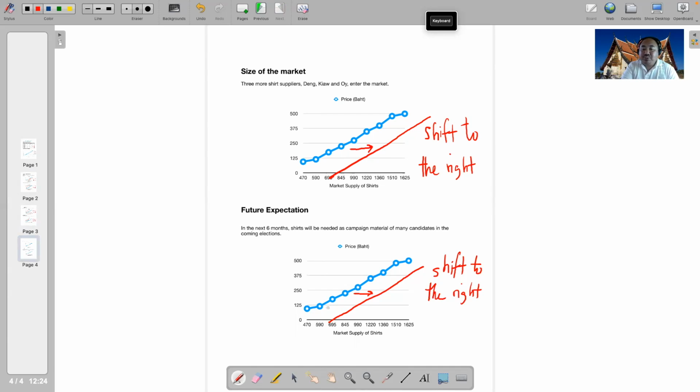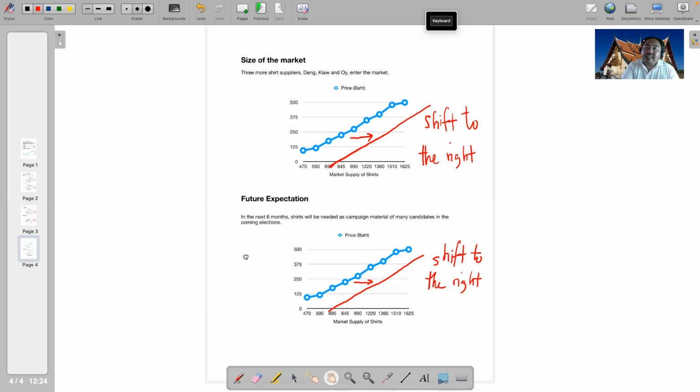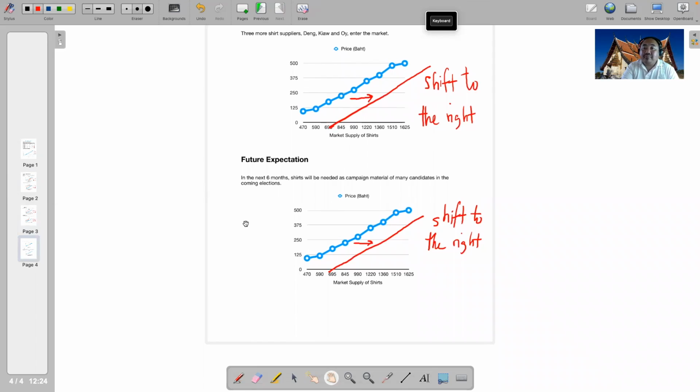So I hope with this example, you are able to know now how supply works and what happens to supply given the action of non-price determinants of supply. Now, before we go, I just like to make a clear distinction between quantity supplied versus supply. Quantity supplied is the quantity of shirts available in the market at a given price level.